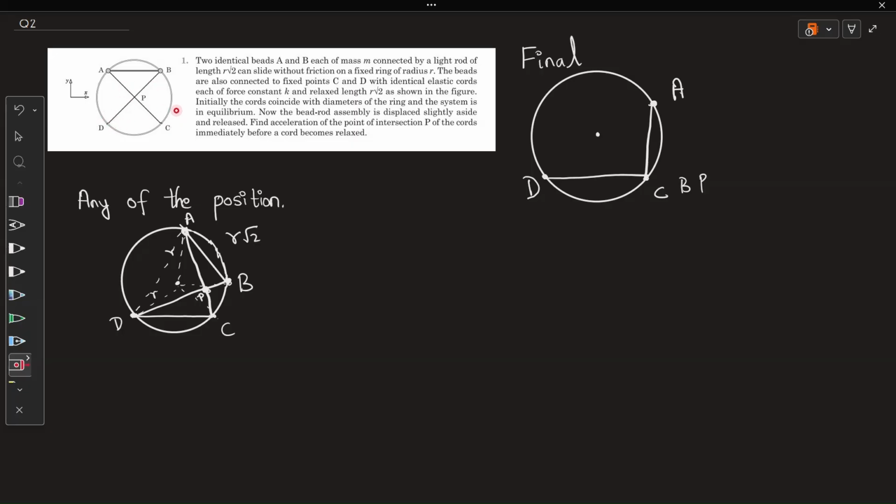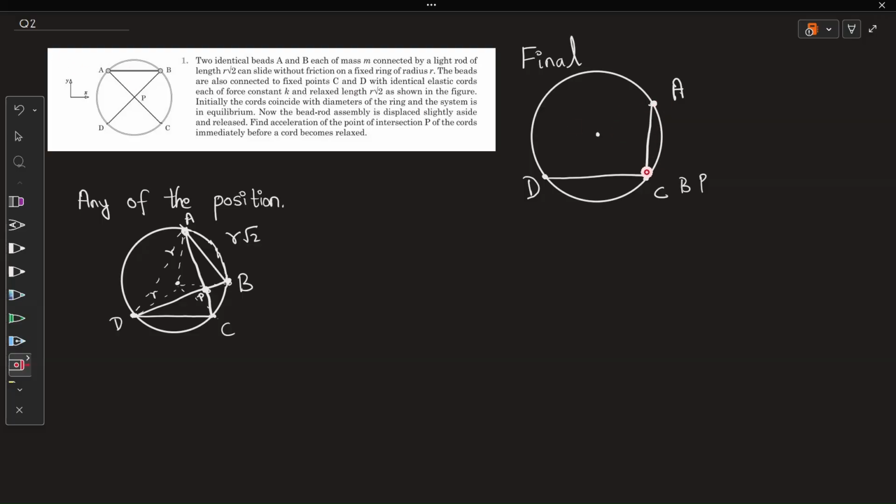Then DC is also r root 2, because these two are r and the angle is also the same, 90 degrees. So A should reach point D or B should reach point C. Let's consider the case where B reaches point C. When B reaches point C, the string connecting B and D would lie along this direction, and the string connecting A and C would be along the rod AB itself.